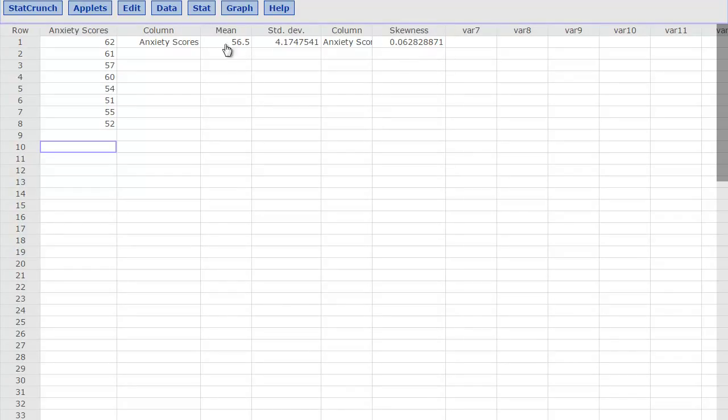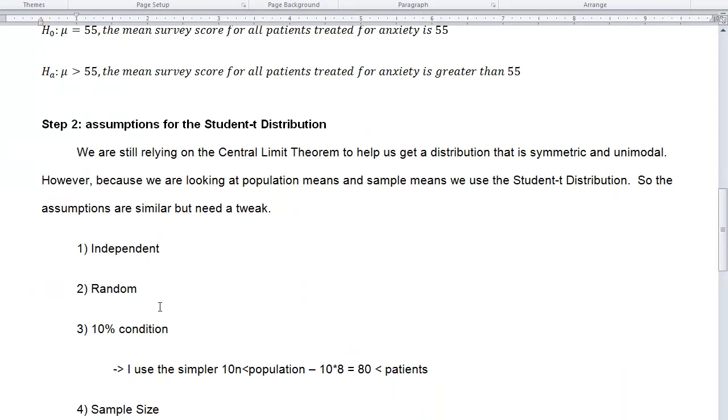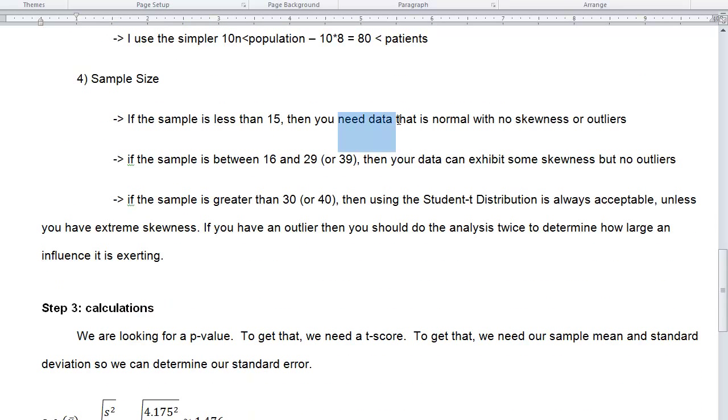My mean and my median are very close together. And so I'm feeling pretty good about the condition that the data is normal with no skewness or outliers. Maybe I should say little skewness or outliers. That's what I love about doing these things on the fly.